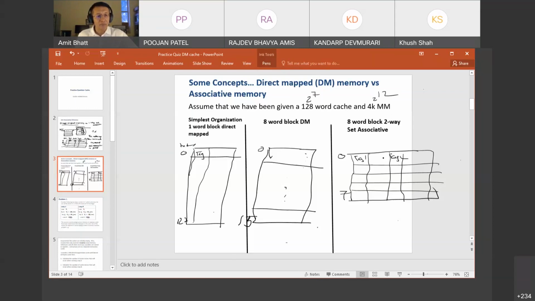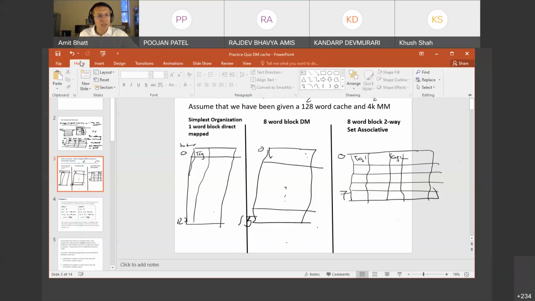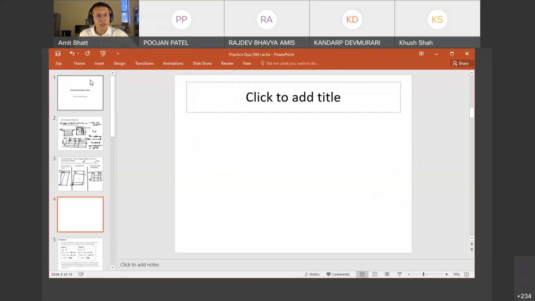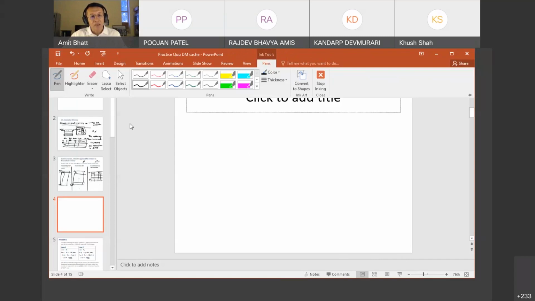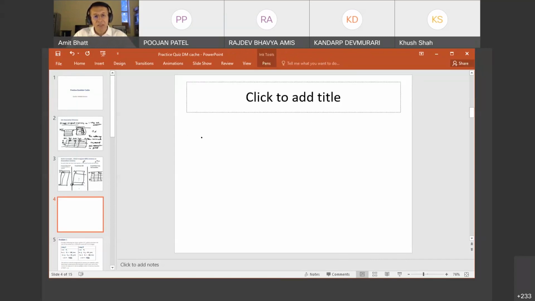And suppose I want to come to the ridiculous level, where I want to make my cache something I would call fully associative.